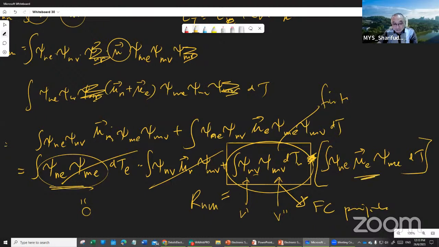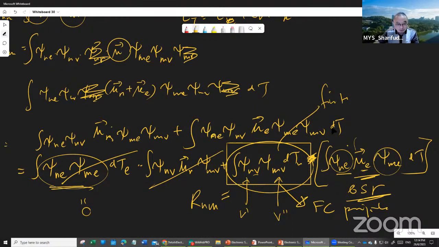This is your electronic selection rule. The electronic selection rule is where the excited electronic state, psi n E, is multiplied by the operation of this over the ground electronic state, and everything else is integrated.